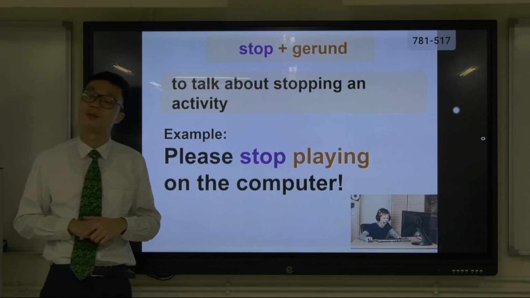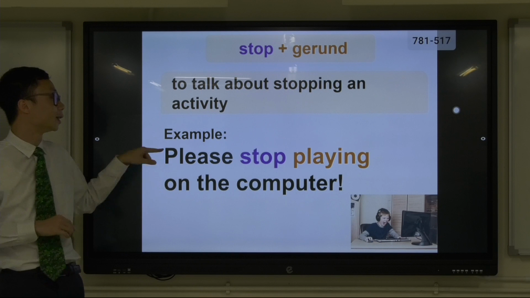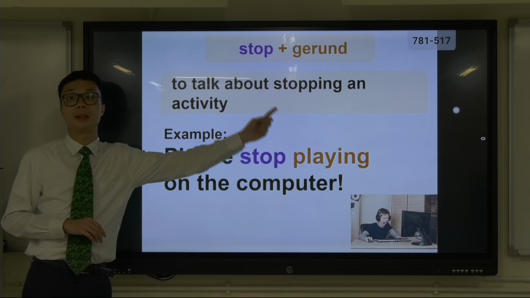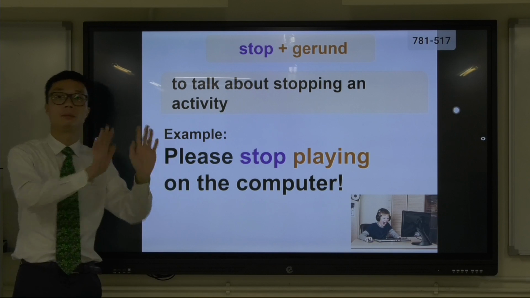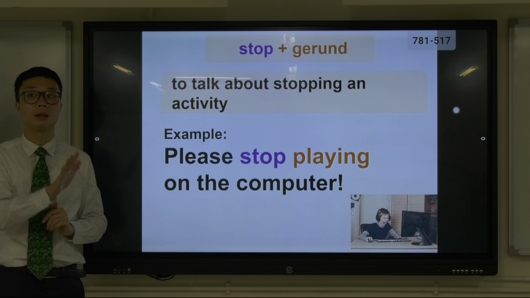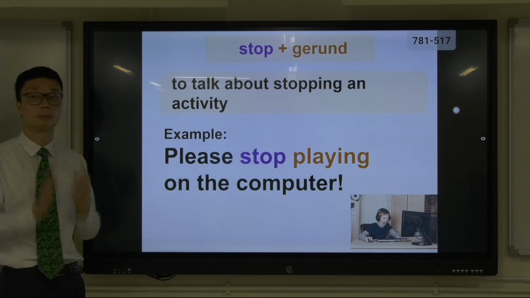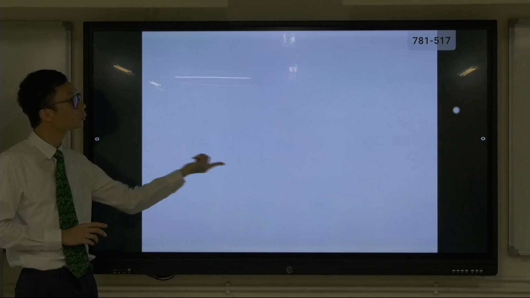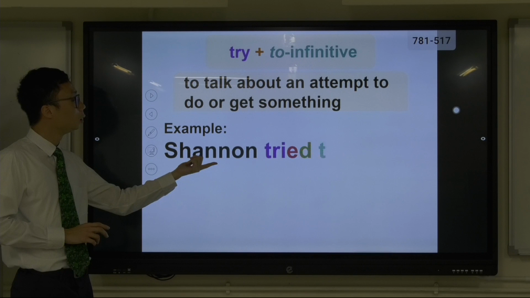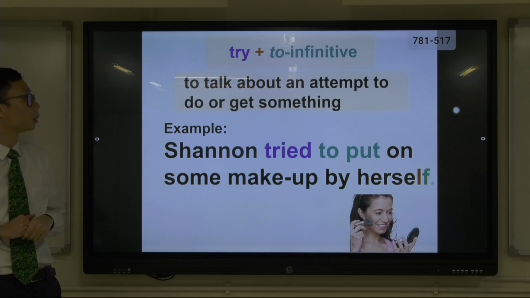I bet most of you have heard this from your parents. So you have stop and you put the gerund playing. It means stop playing, don't play anymore. It is not starting a new action, it just tells you to stop this one.